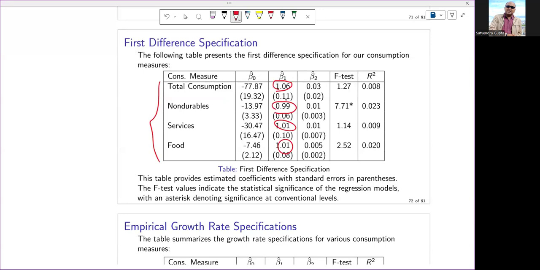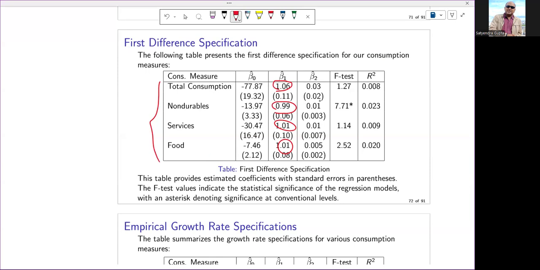And if you look at the t value, you find the t values are quite large, obviously more than 2. So you can say beta 1 is significant in all these different kinds of consumption, the total consumption and the components of the consumption as well. It turns out to be significant in, I think, more than 8 or 10 cases out of 12.